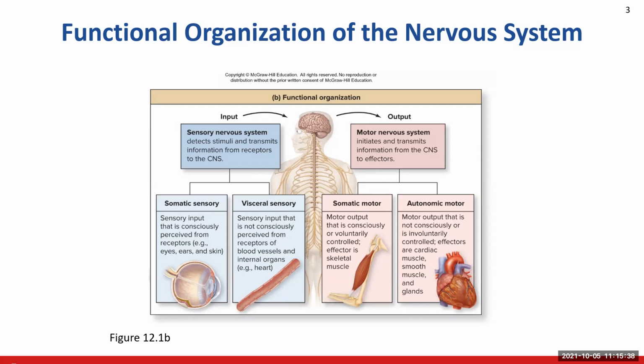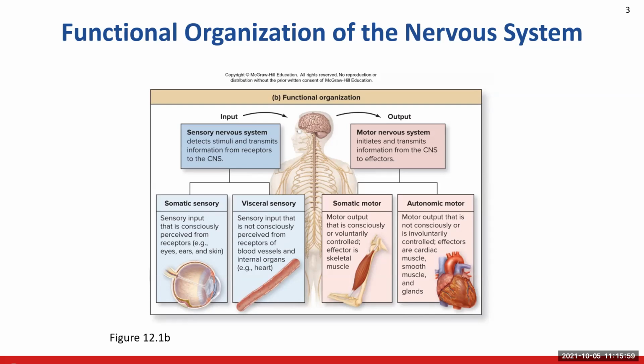You can consciously perceive those. Temperature, it gets cold, pressure, deep touch, light touch, those again are part of the somatic sensory. So if you have conscious perception, we're dealing with the somatic sensory portion of our sensory nervous system.